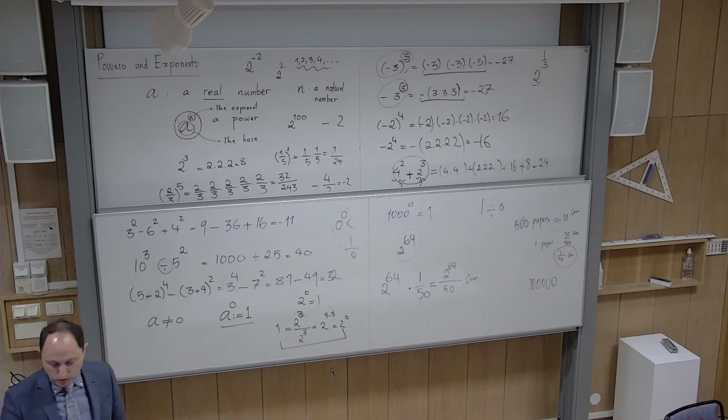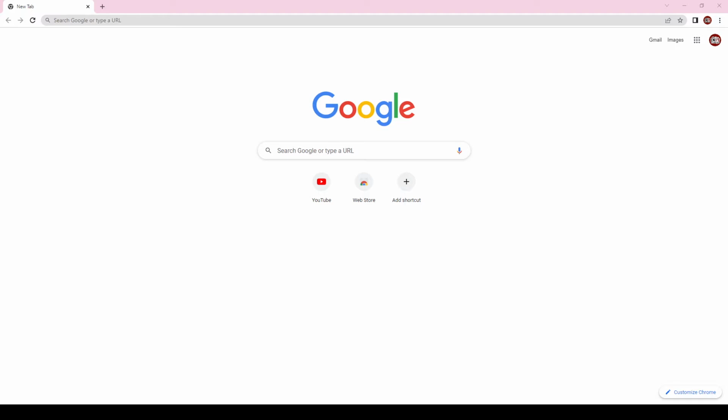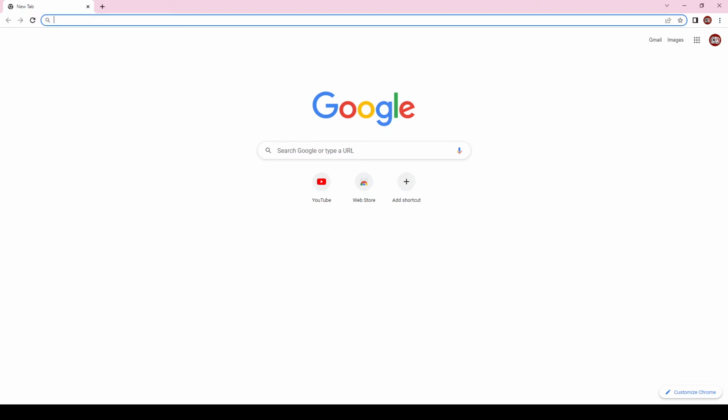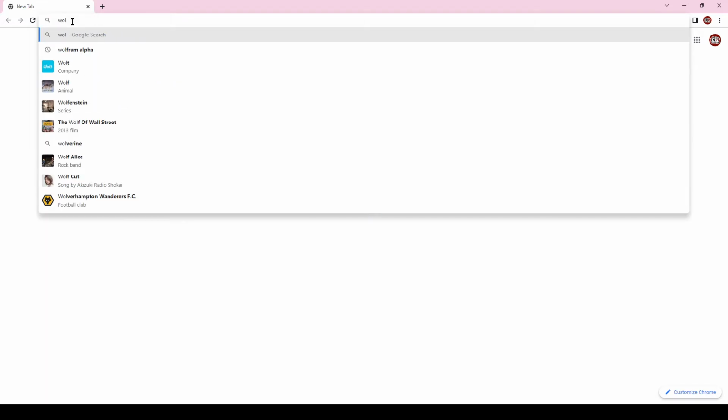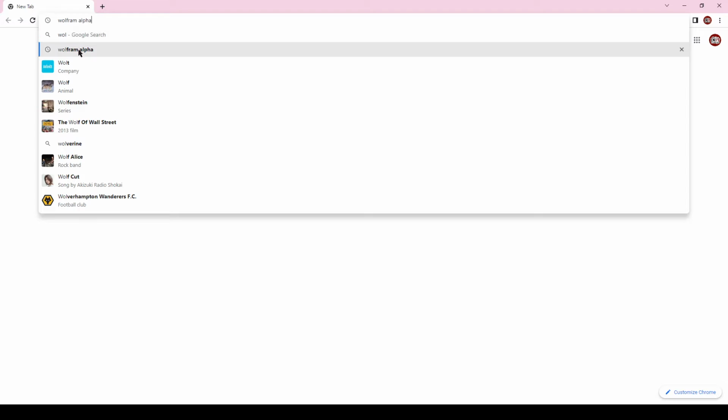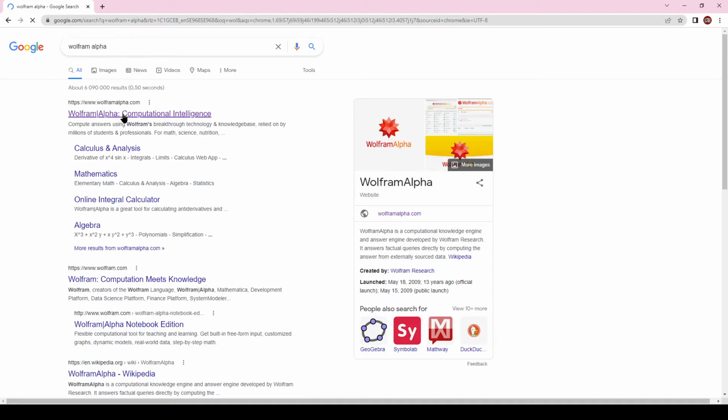That's also good to know about. That's a free website, at least partially. It's a very famous one, Wolfram Alpha.